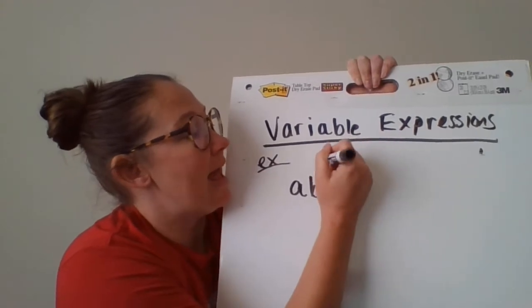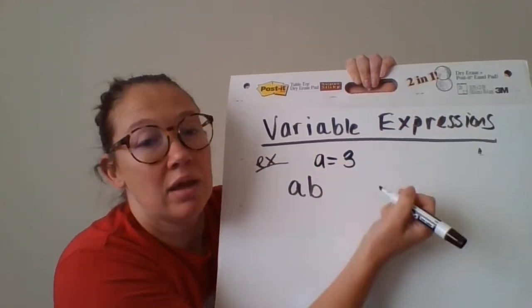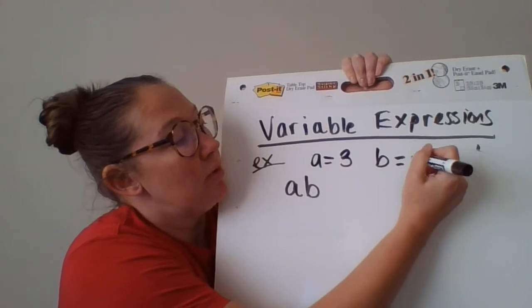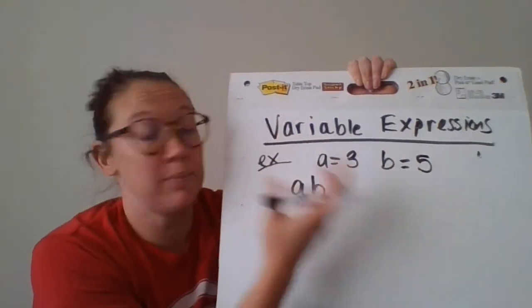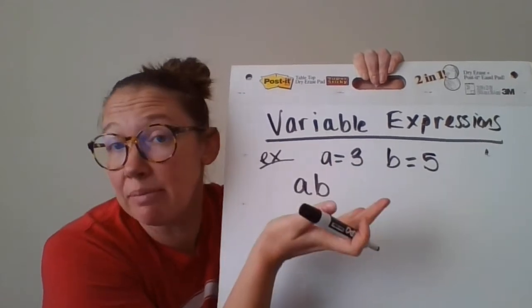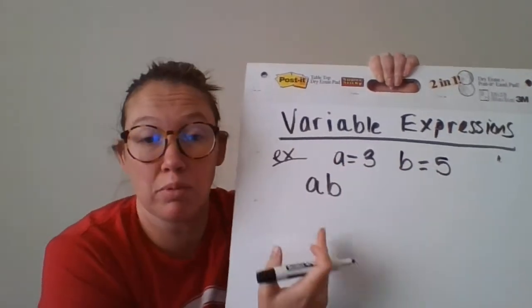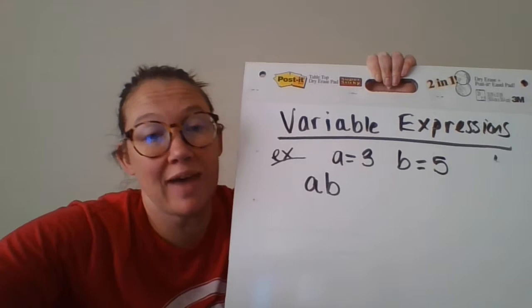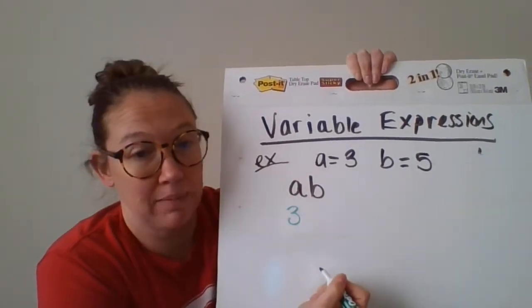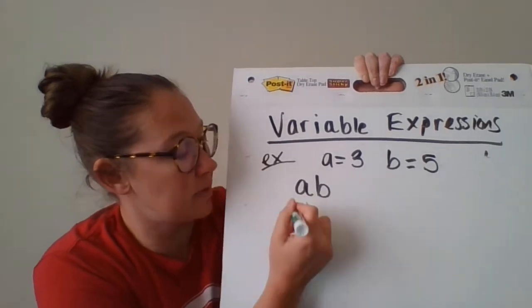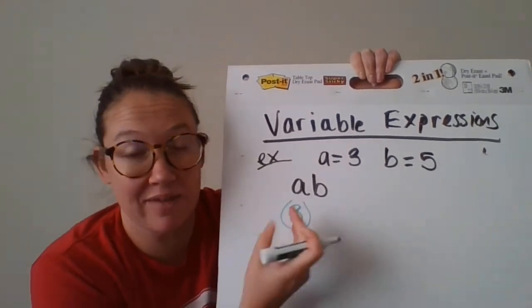Okay, and we're going to say that A has a value of 3 and B has a value of 5. Okay, this is just an example. I just made these up. Every problem that you see for this will give you the values and then you plug them in. So in place of A, I'm going to be writing the number 3. And I'm going to put some parentheses around these because they're now numbers, they have a value.